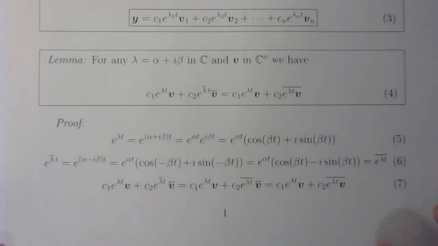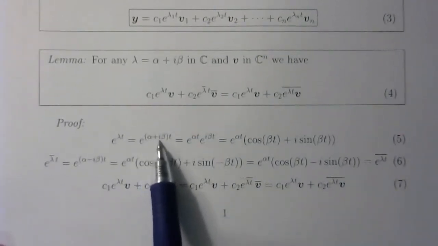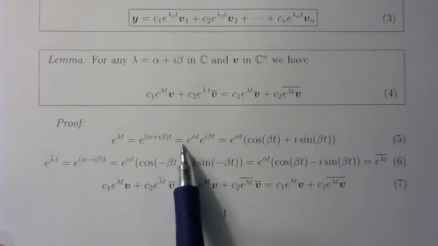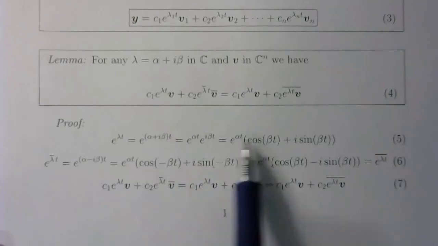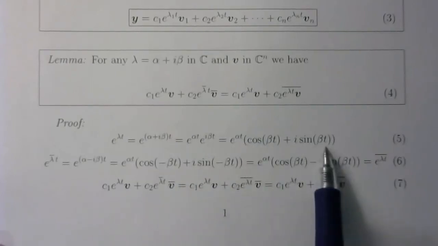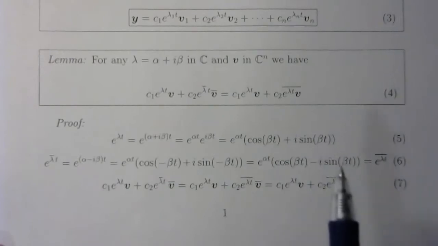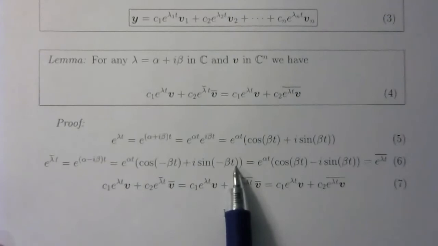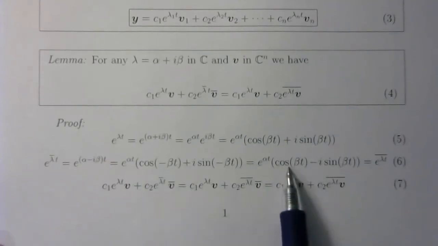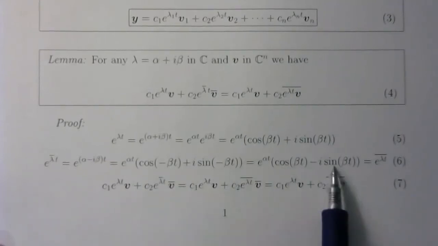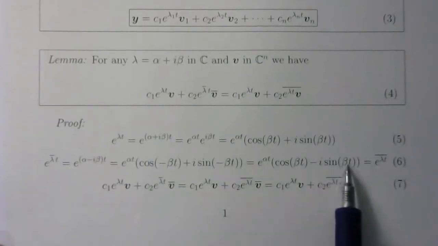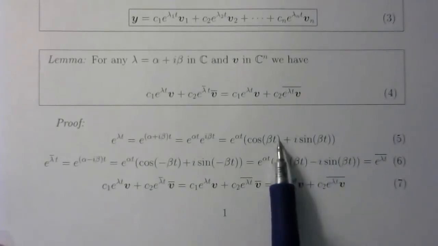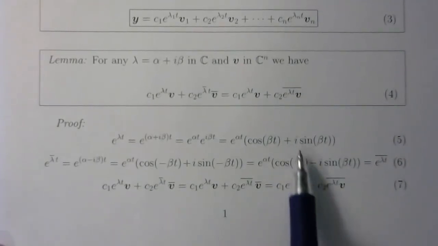Well, we know e to the lambda t is e to the alpha plus i beta t, which I can split up in this way, and I can pull out this e to the alpha t, and then use Euler's formula to open up this e to the i beta t as cosine beta t plus i sine beta t. If I have a complex conjugate, I get something similar that I can simplify because cosine is even and sine is odd. So sine of minus beta t is minus sine beta t. And I'll notice if I compare this and the one above, this is exactly the complex conjugate, right?